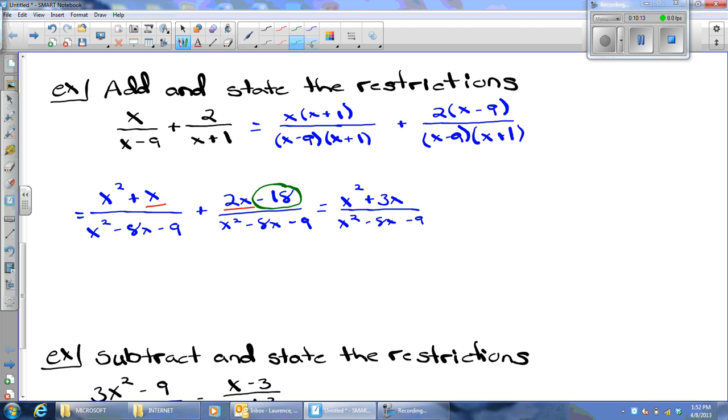So we are going to bring that over here, negative 18. Okay, so that is our final answer. To check it, I would make sure that you factor this again to make sure that there aren't any factors that you can cancel out.